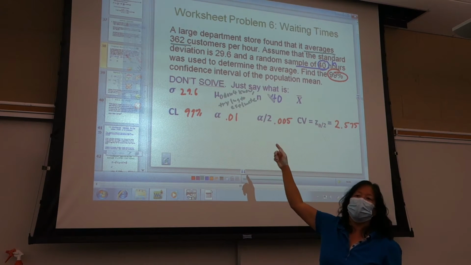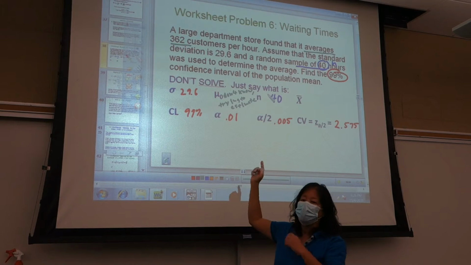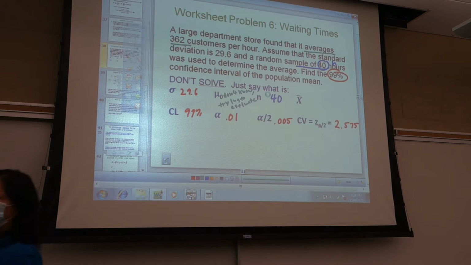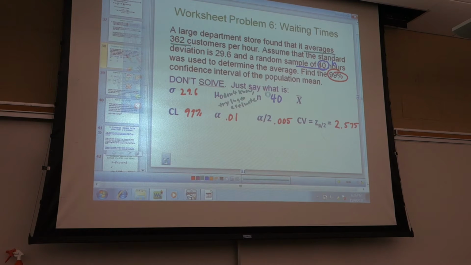So that average came from a sample of 40, so that's our sample mean. Does everybody see that part? So this is 362. Good? All right. Perfect.